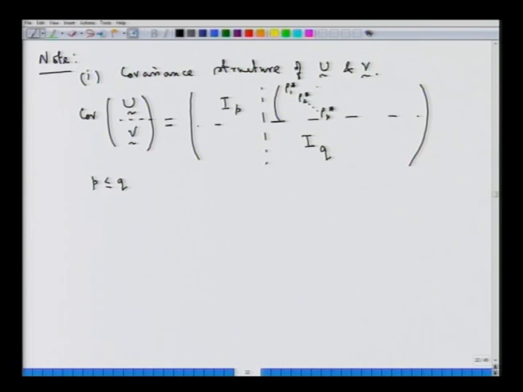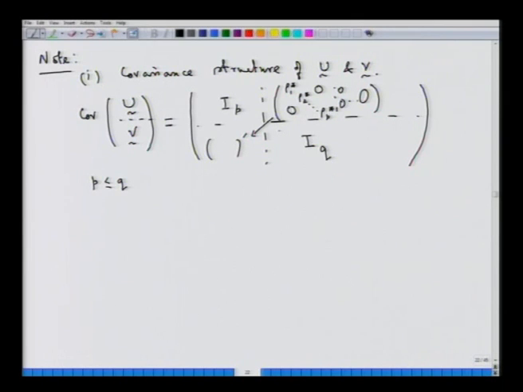And what about the off diagonal entries? These are all zeros, and there are of course more zeros after this p by p block, because we can have the correlation between u1 and v p plus 1 up to u1 and v q. We will have all these equal to 0, augmented, and here we will have just the transpose of this particular matrix.